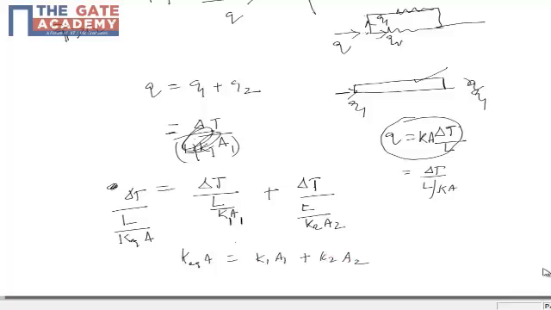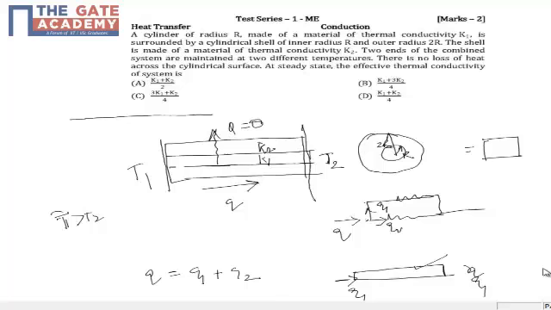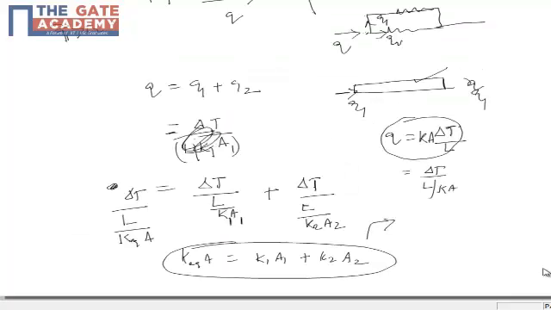This is the equation I get. Now I need to substitute for A1 and A2. If you come back here, A1 is the area of cross section of the inner cylinder, which is of radius r, so pi r square, and A2 is this. The total radius is 2r, so pi into 2r whole square minus the inner solid gives the cross section of the cylindrical shell, which is A2. So let's substitute it here.